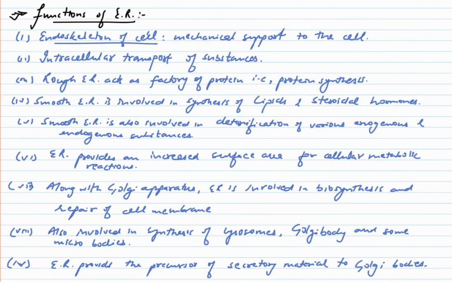The second function is intracellular transport of substances. Since it is forming an extensive network inside the cell, if any substance is to be moved from one place to another, it can be transported with the help of endoplasmic reticulum.